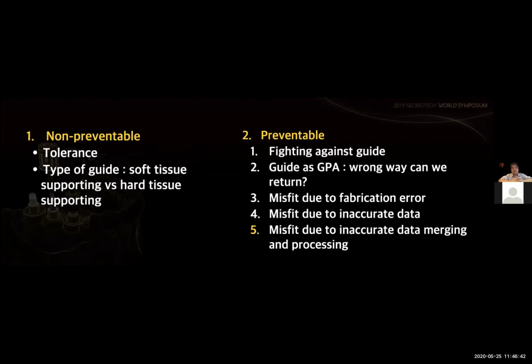If you have a soft tissue supporting guide, for example, the companies point out that with full guided surgery put on the soft tissue, everything is fine. No, the error is really high. So depending on whether the guide is soft tissue supported, hard tissue supported, or even bone supported, you have to consider that too.